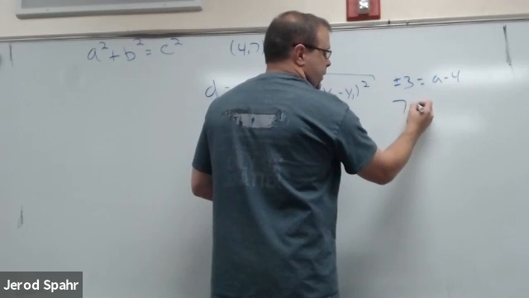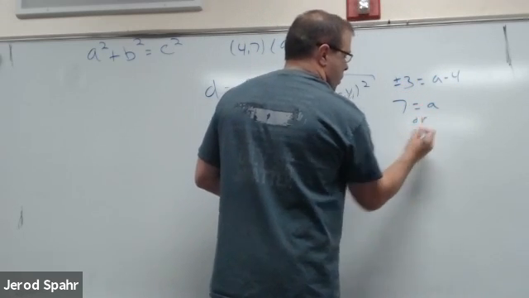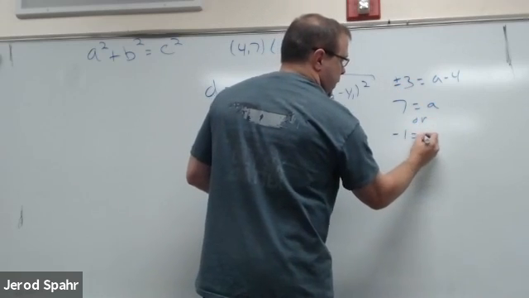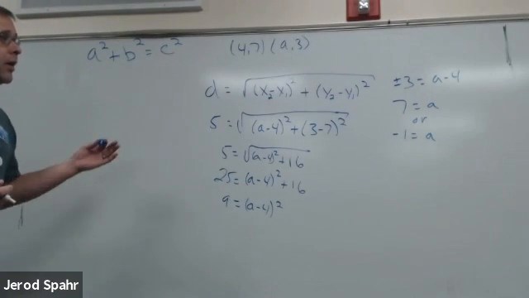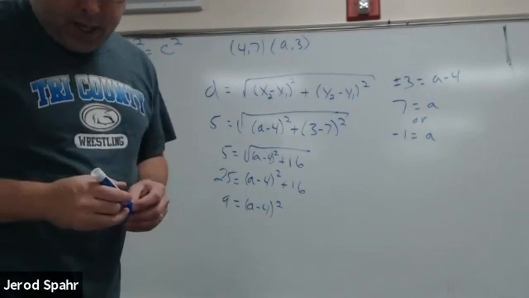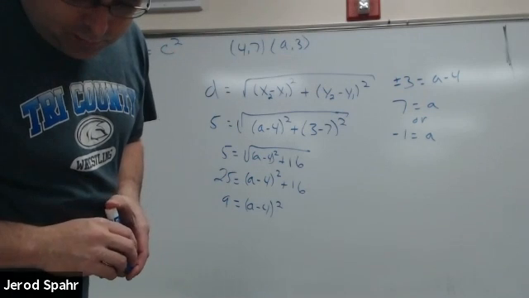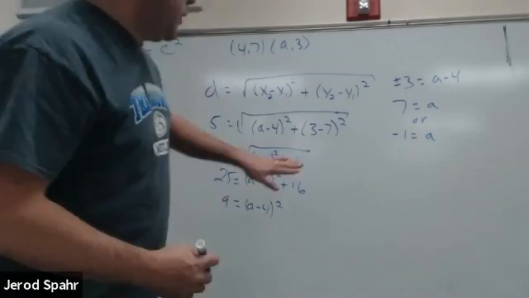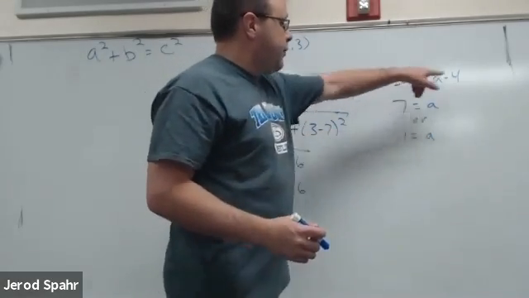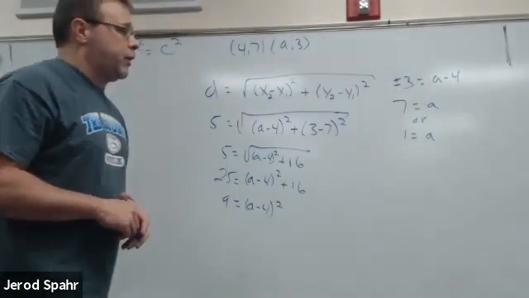So I'm going to have 7 equals A, or negative 1 equals A. We have to kind of know what we're talking about here, figure out where the point is. No, positive 1. Negative 3 plus 4 is going to be positive 1, not negative 1.